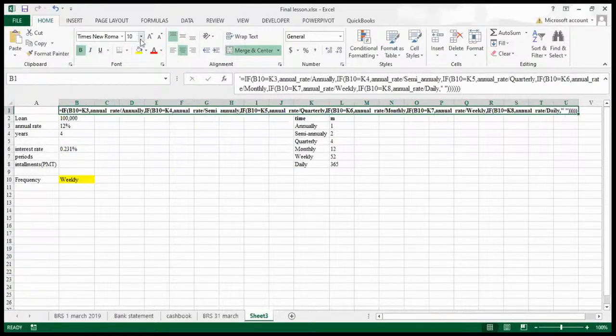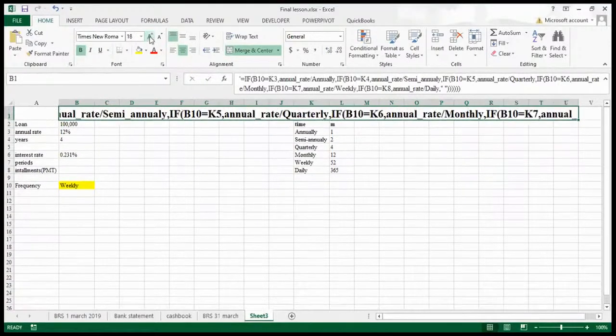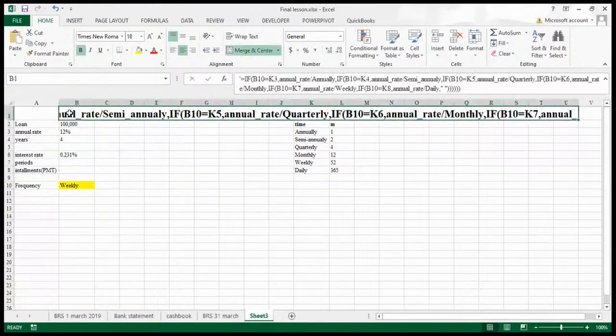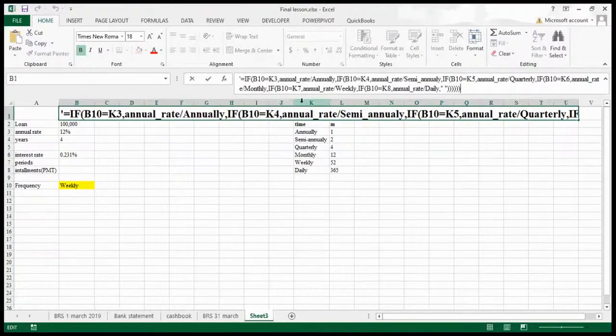That is our formula. That is the formula we are using. If you check here, that's the formula we are using to get this.